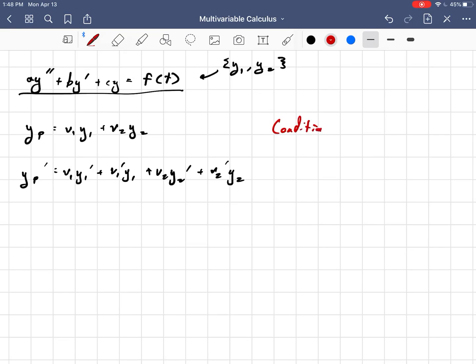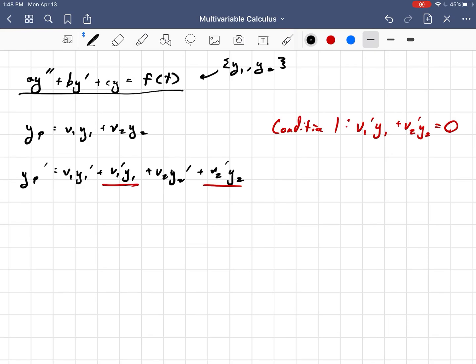And to make computations a little easier, I'm going to impose this first condition. And this is just something you've got to know. I guess you could derive it later. I'm going to assume that v sub 1 prime y sub 1 plus v sub 2 prime y sub 2 is 0.